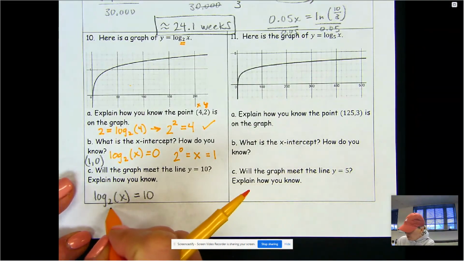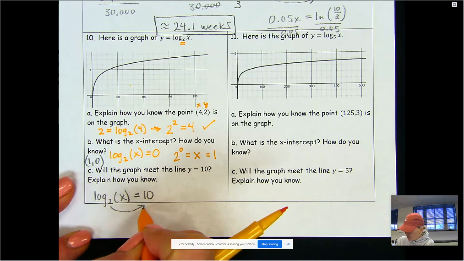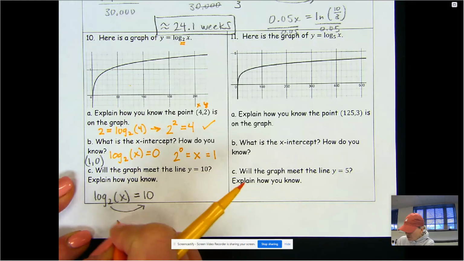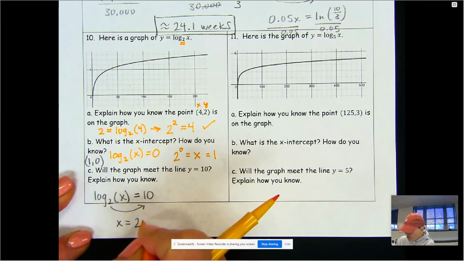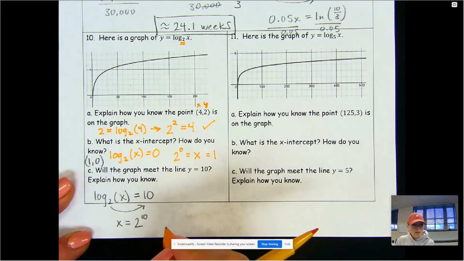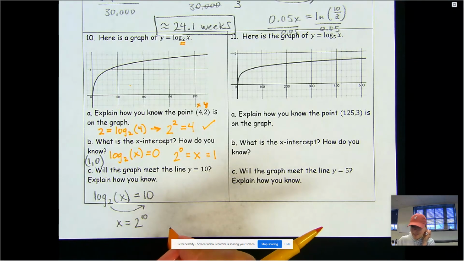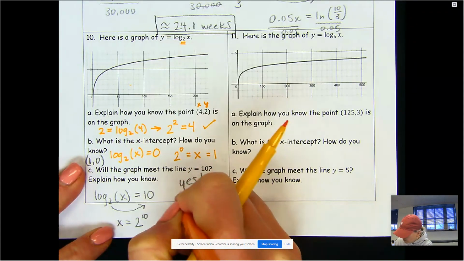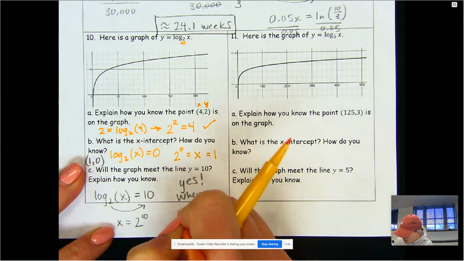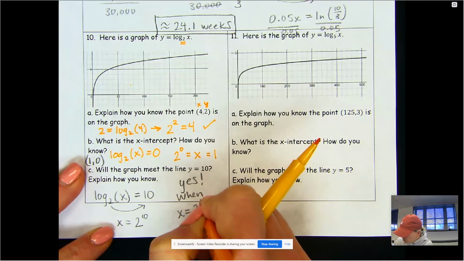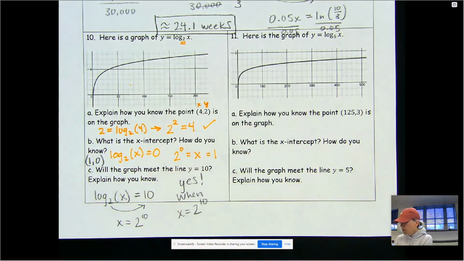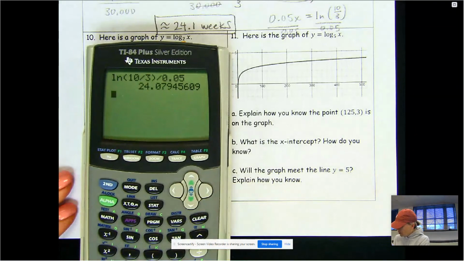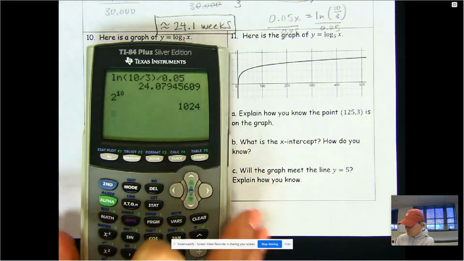Move the 2 over; it's now the base of an exponent. So x is equal to 2 to the 10th. The answer is yes, when x equals 2 to the 10th, and 2 to the 10th is 1024.